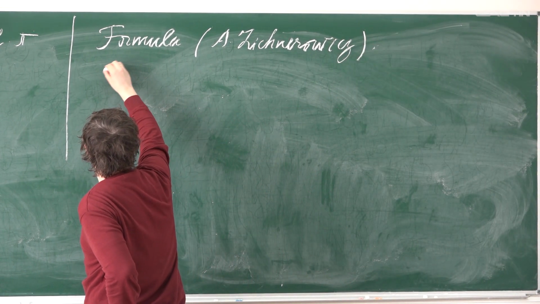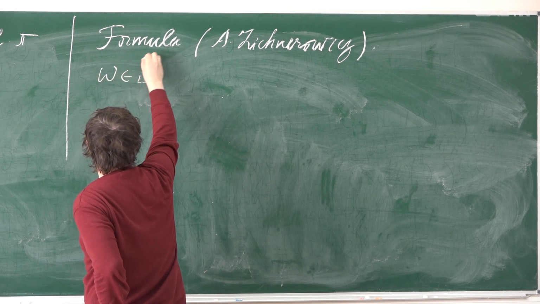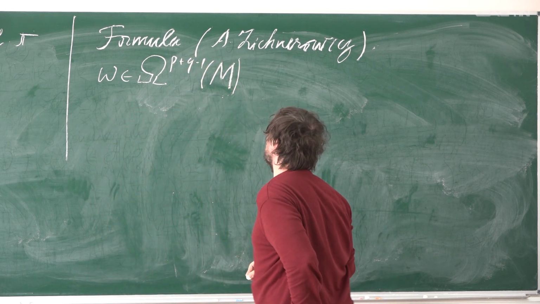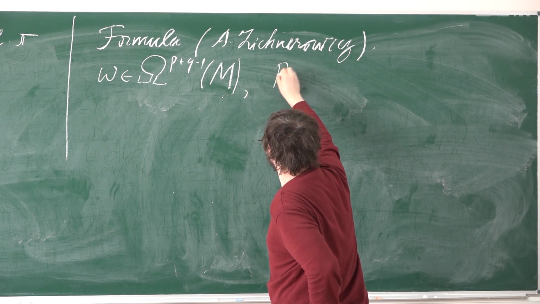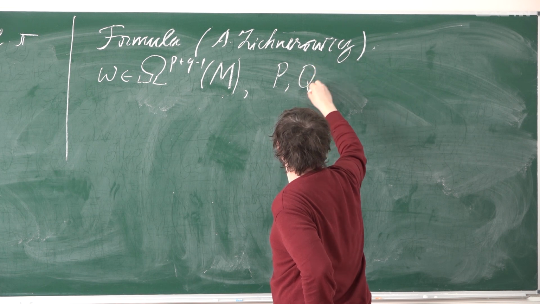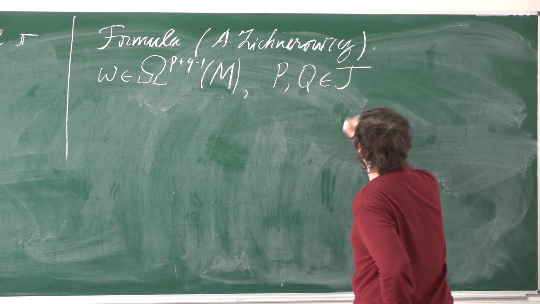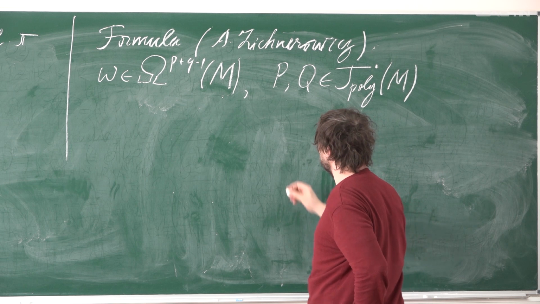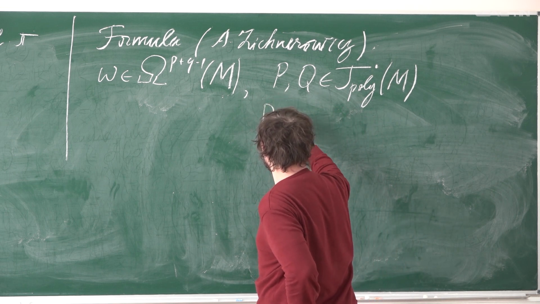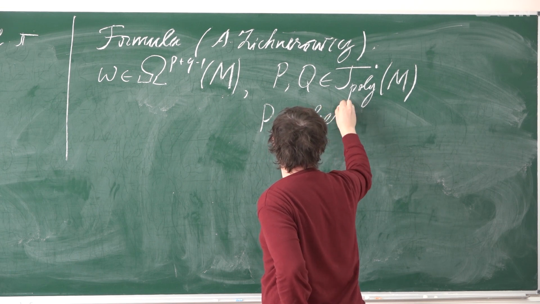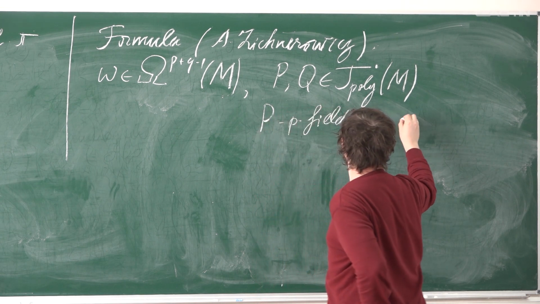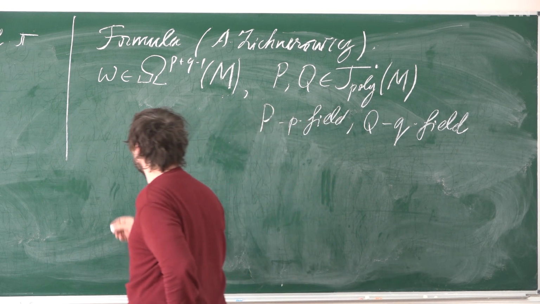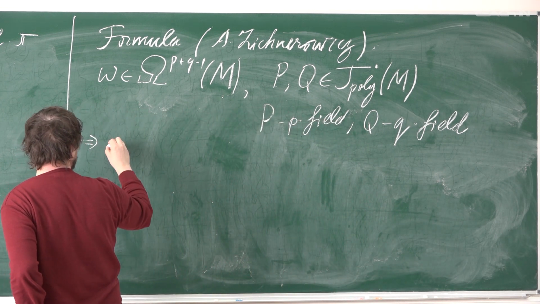Suppose you have a differential form omega of degree p plus q minus 1 on a manifold M, and two polyvector fields p and q in the space of polyvector fields on M. In particular, p is a p-vector field and q is a q-vector field. Then the following formula holds.